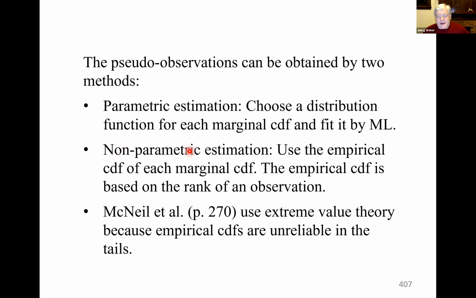Now with non-parametric, you don't make a mistake, but it's a little bit less efficient, and particularly the empirical CDFs are quite unreliable in the tails. This may cause you problems because we are particularly interested in the tails.